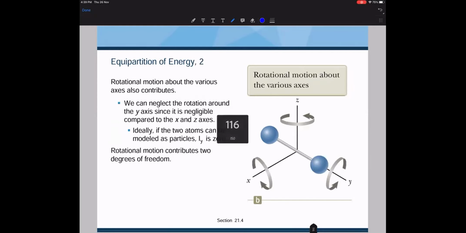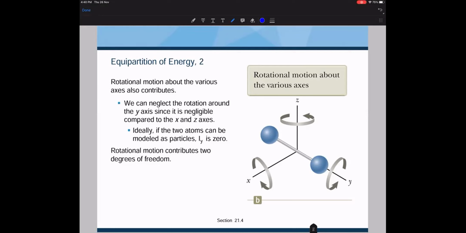On the other hand, molecules can be rotating about their axis. Rotation about the y-axis in this case, that means rotation about the line connecting the two atoms, does not really contribute a lot of energy, because according to what we learned in the moment of inertia, the atoms have the center of mass that is along the axis of rotation, and the moment of inertia would be close to 0.